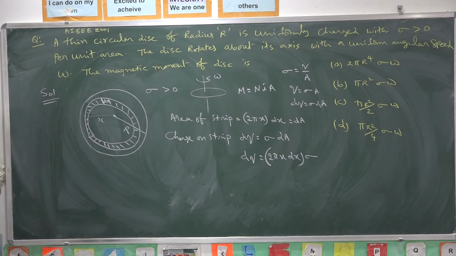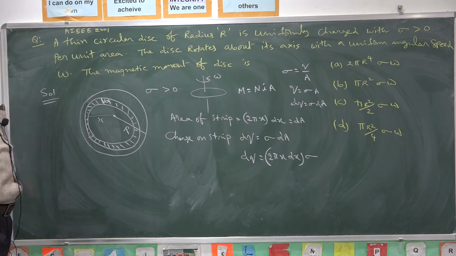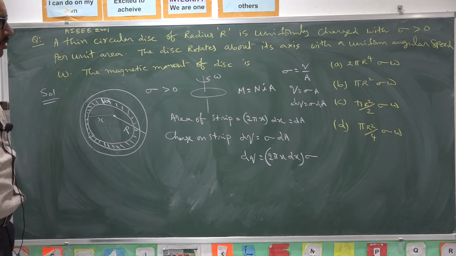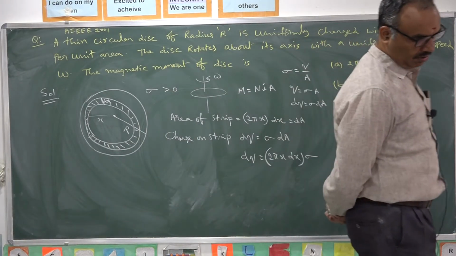As the disk is rotating, this charge is also getting rotated. Due to the motion of this charge, some current got developed. The current makes the generation of magnetic field with certain magnetic moment. We need to calculate that magnetic moment here.